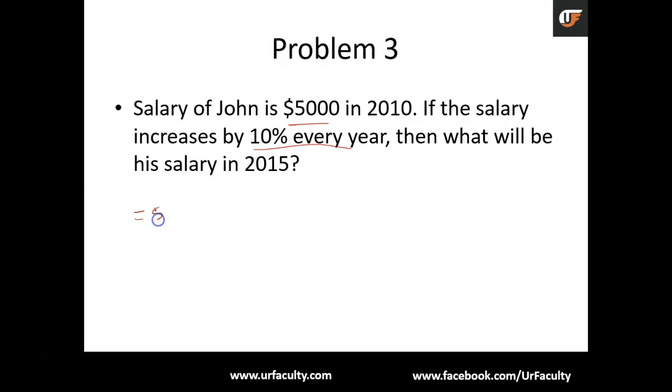The steps are pretty straightforward. 5,000 into 1.1, and 2015 is when you want to find out. 2010 we know his salary was $5,000. So 2011, 12, 13, 14, 15. So we have 5 years, and hence the answer is 5,000 into 1.1 to the power of 5. I hope you will not waste much time over here. This is a very simple expression. If you have a calculator, you just need to multiply it and you get the answer.